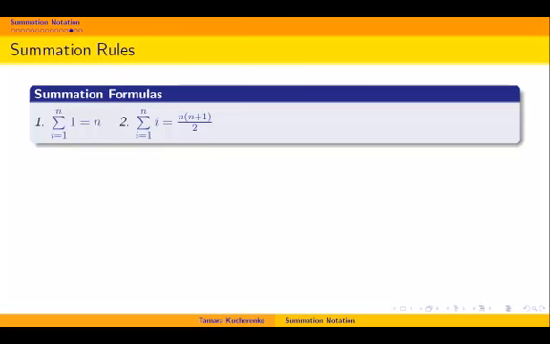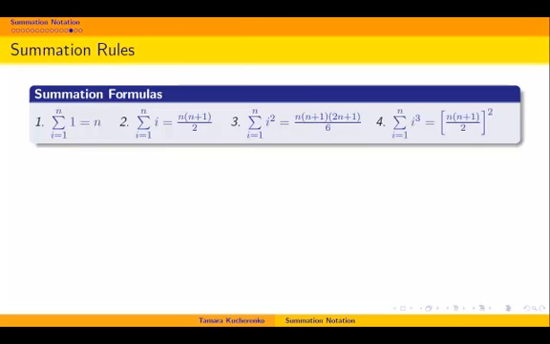There is also a formula for the sum of the squares of the first n positive integers. The sum of i squared from i equals 1 to n equals n times n plus 1 times 2n plus 1 divided by 6. And the formula for the sum of the cubes.